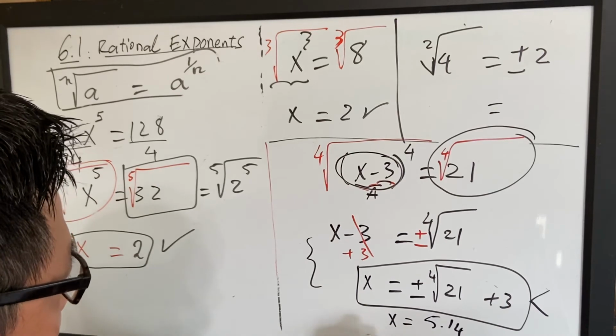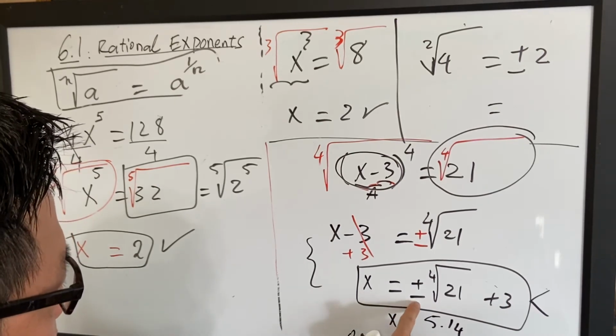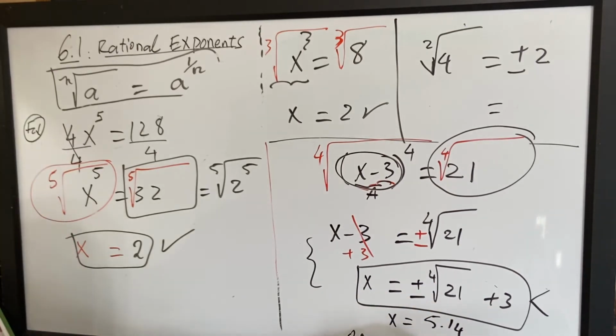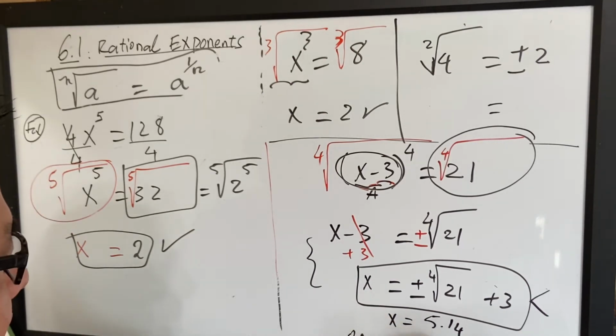Then if you use the negative 4th root of 21, of course you will have a lesser value, which is 0.86. There we go. Ladies and gentlemen, you have two values, and both of these values perfectly satisfy your function.